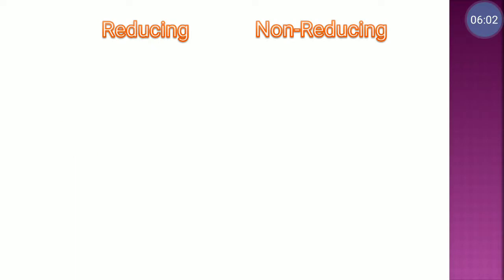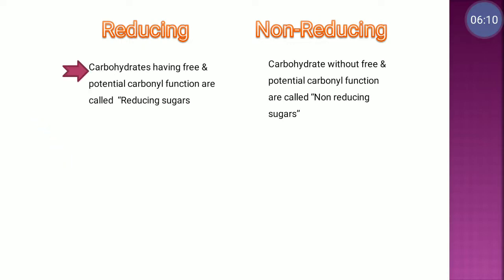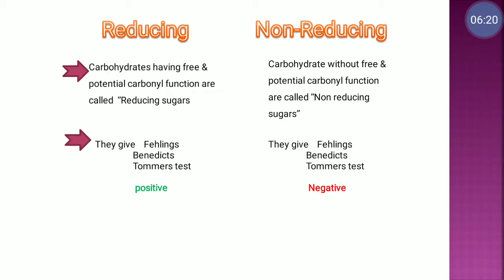Let's see what is the difference between reducing sugar and non-reducing sugar. In case of reducing sugar, carbohydrates have free potential carbonyl functional groups, whereas non-reducing sugars don't have free carbonyl functional groups. Reducing sugars show Fehling's and Benedict's tests positive, whereas non-reducing sugars don't show these kinds of tests. Reducing sugars show the osazone test positive, and non-reducing sugars don't show the osazone test positive.